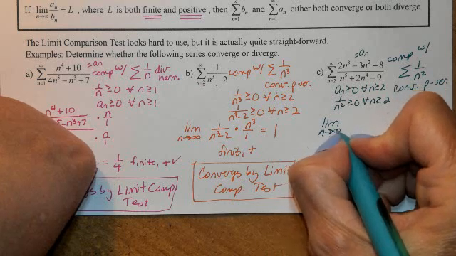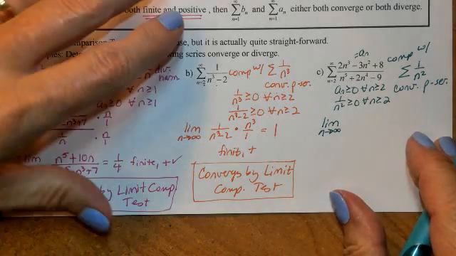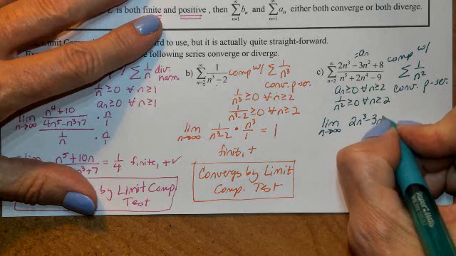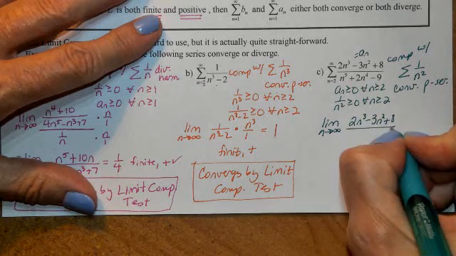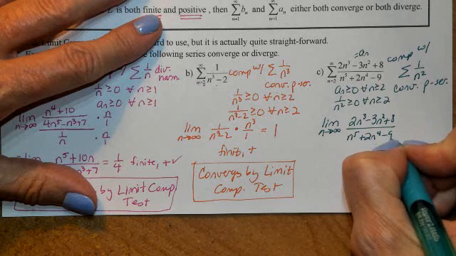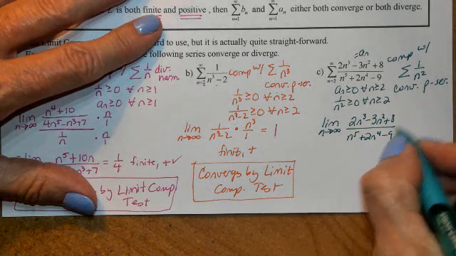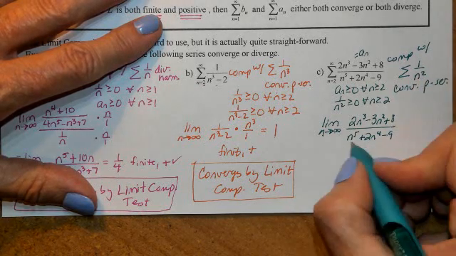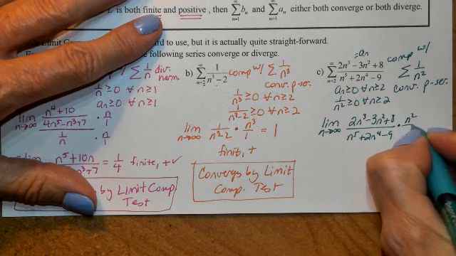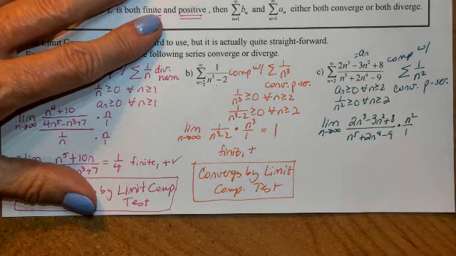Limit as n goes to infinity of our more complicated divided by our less complicated. Divided by 1 over n squared is the same thing as times n squared over 1. Right?